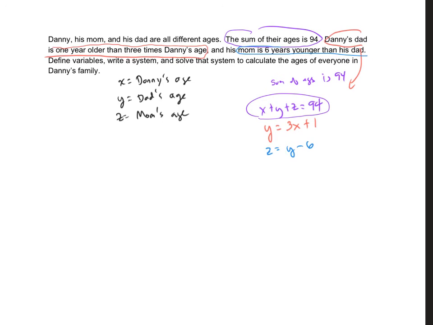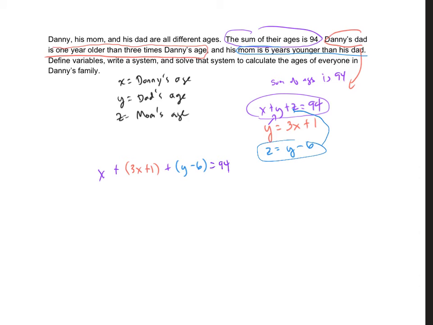So I see right now that y can be replaced with 3x plus 1, and z can be replaced with y minus 6, because that's what this was. And that would equal 94.